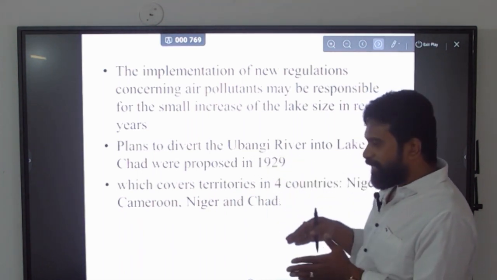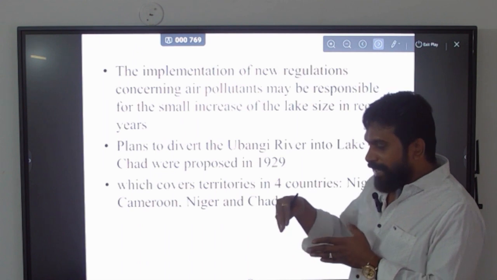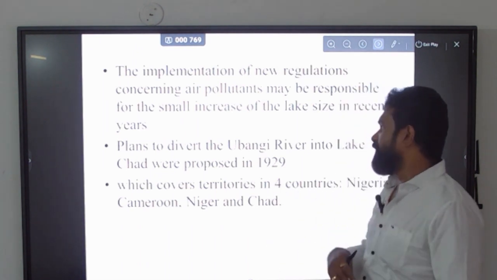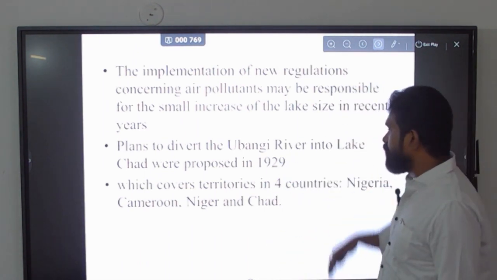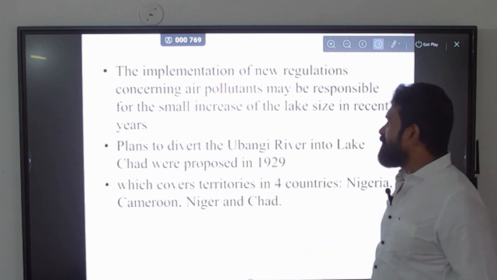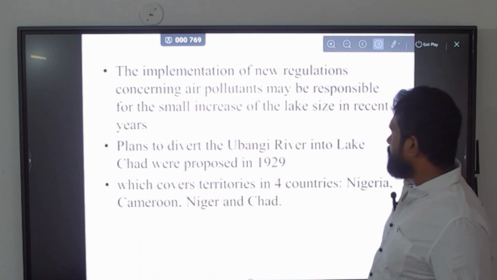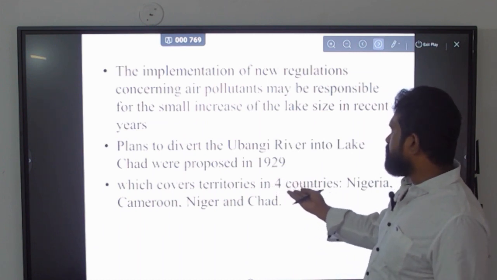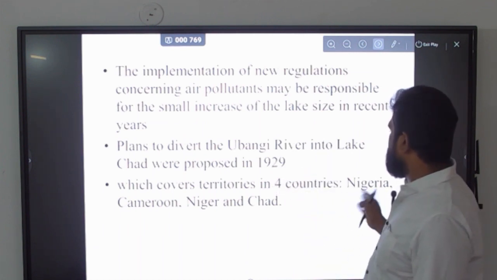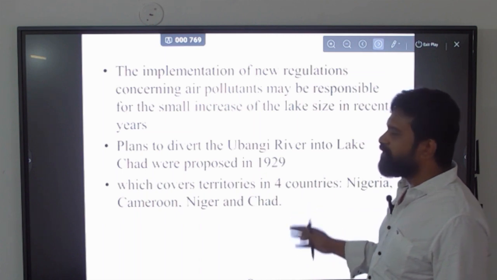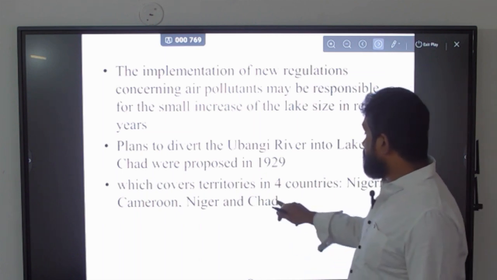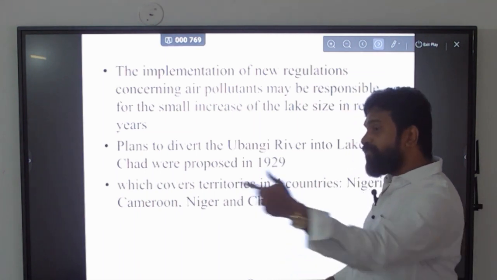They proposed diverting that river's water into Lake Chad. This was proposed in 1929, but it is still not implemented. I told you that it covers 4 countries: Nigeria, Cameroon, Niger, and Chad, the country which gets its name from Lake Chad.